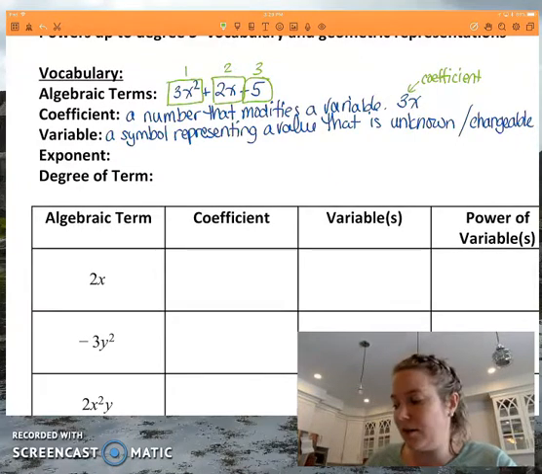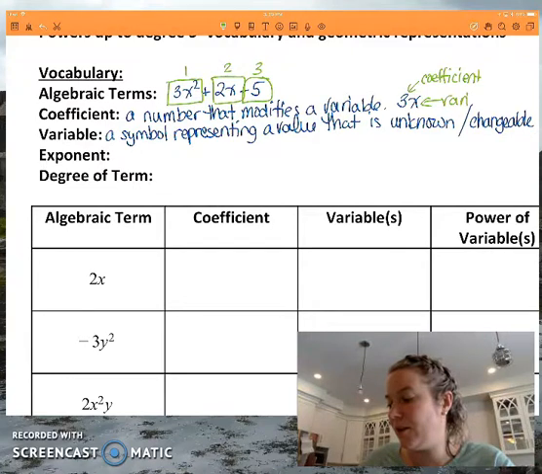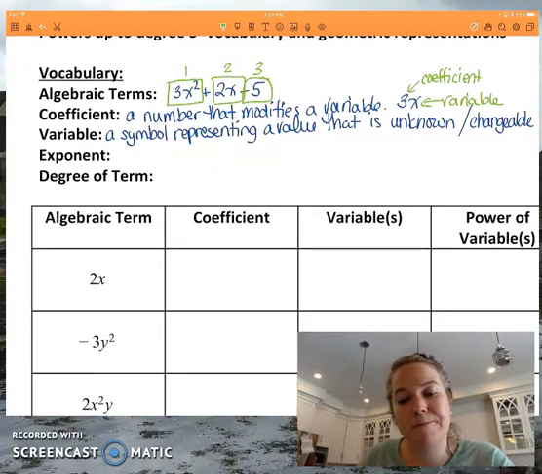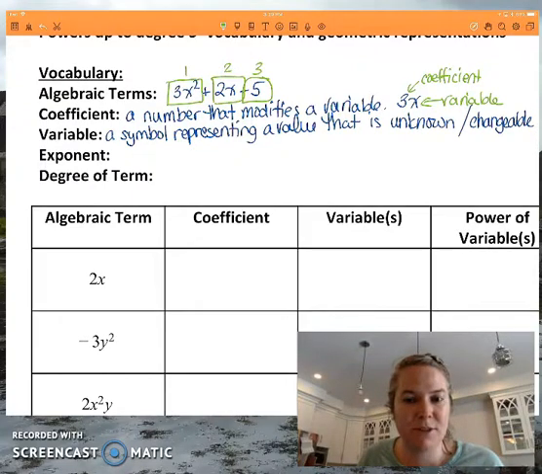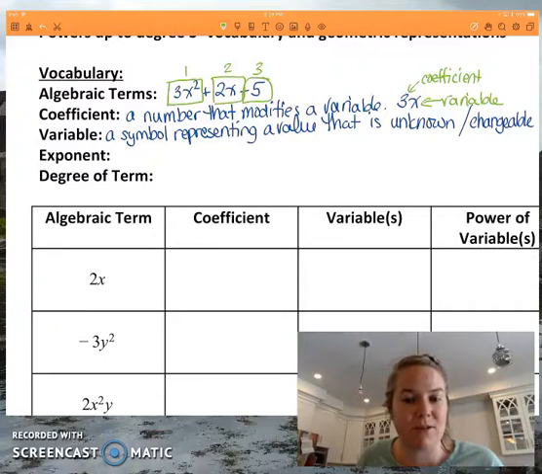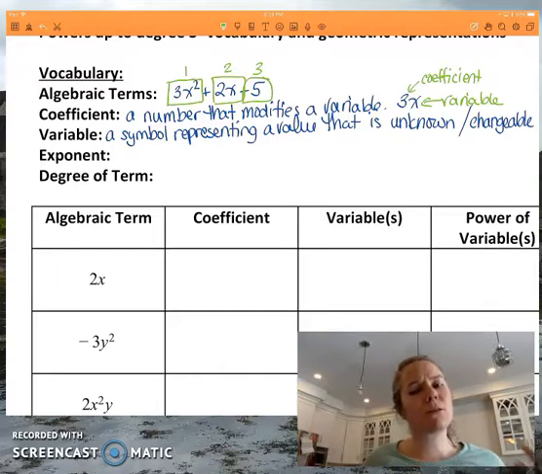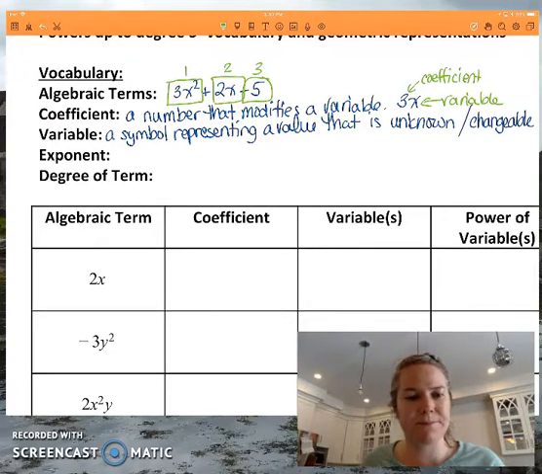It's modifying our variable. If it was 1 over 3x, that would be x multiplied by 1 over 3 or x divided by 3. They're the same thing. So everything really boils down to multiplication when it comes to coefficients. So a coefficient is a number that is modifying the variable. So instead of the variable just being x, we have one of them, it's 1x. Now we have 3x, so it's 3 multiplied by x.